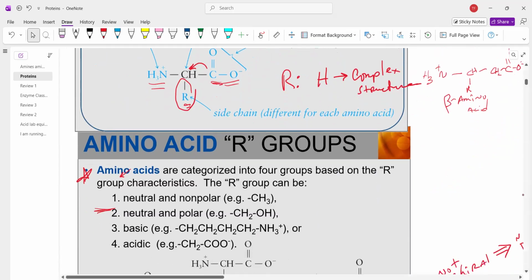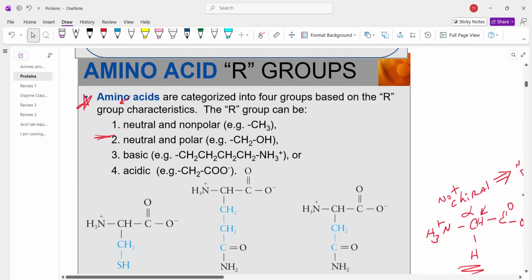Now, there are four basic groups of amino acids, which is the R group, usually referred to, or side chains.